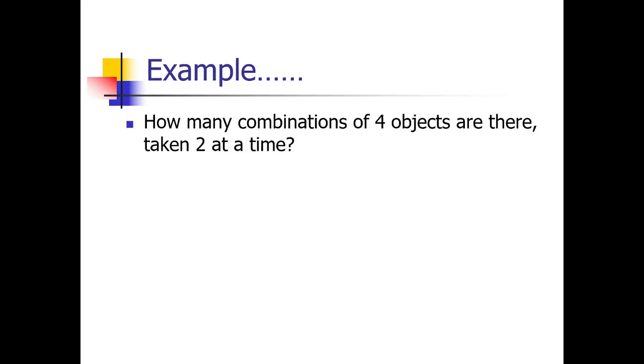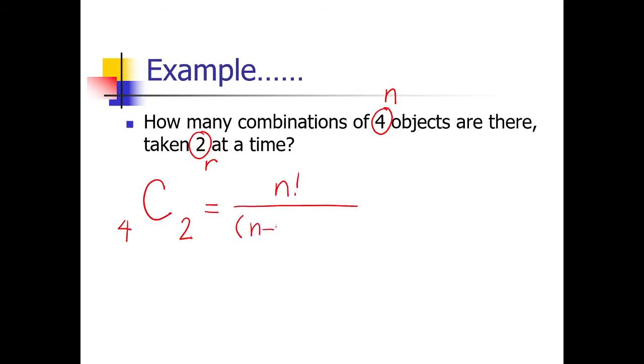How many combinations of 4 objects are there taken 2 at a time? So, what is n here? There are all in all 4 objects. And we will only take 2 from those 4 objects. So this one is the combination of 4 taken 2 at a time. Now, if I'm going to solve this manually, this is n factorial over n minus r factorial times r factorial.